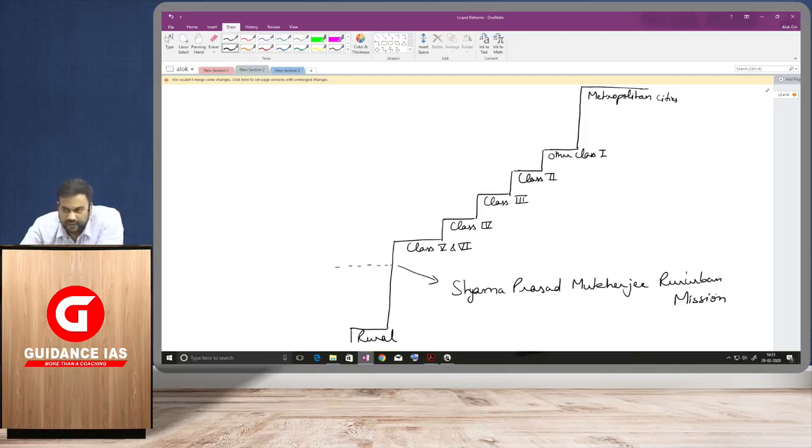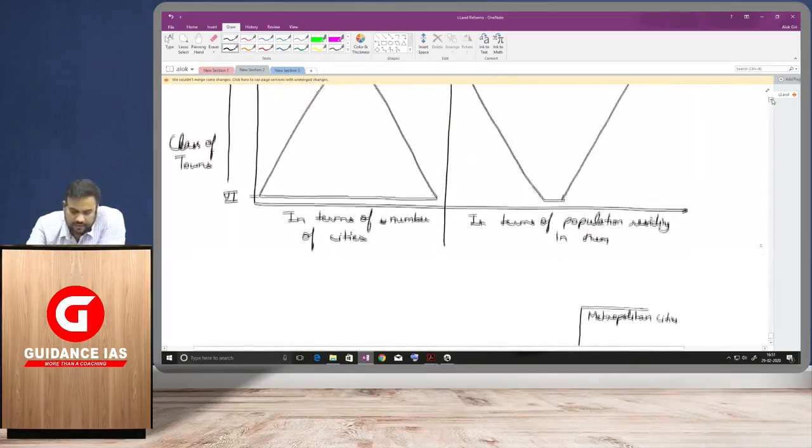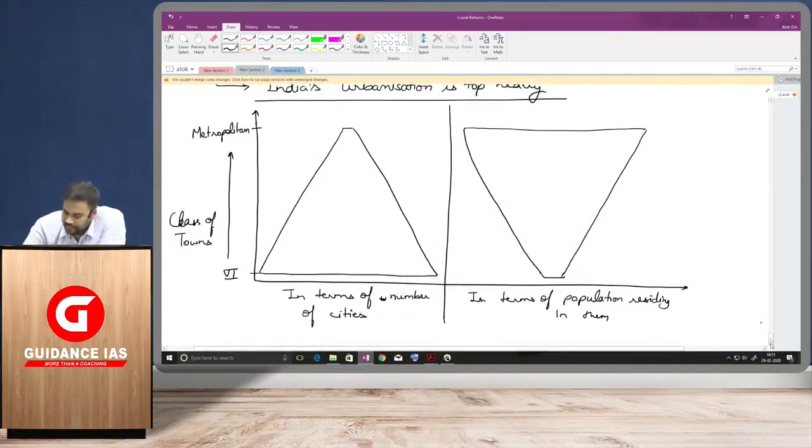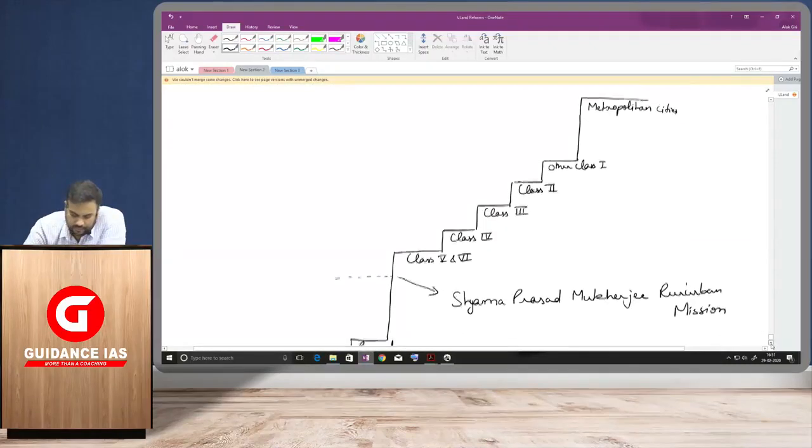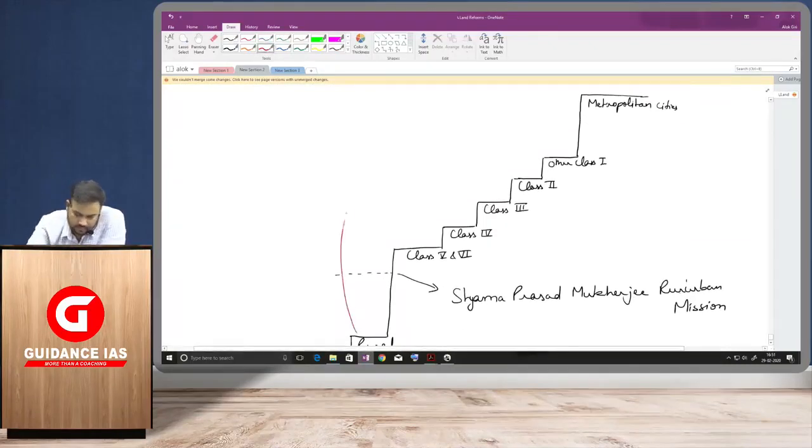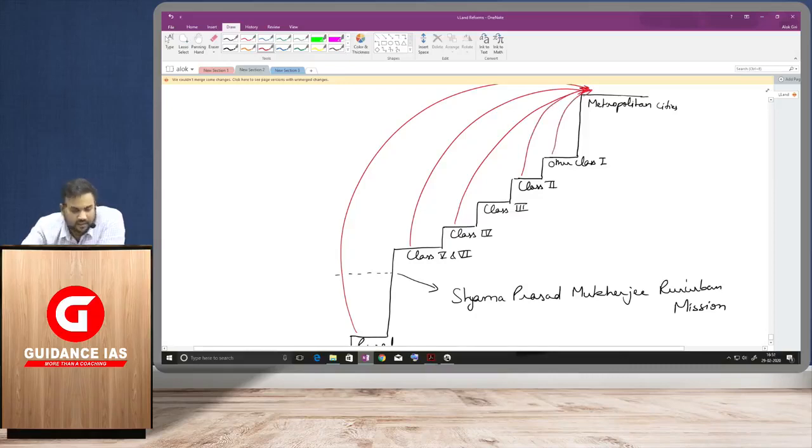So very clearly one of the factors is the number of city growth, but a more important factor has been very clearly what? The rural-urban migration. So today we are finding what has happened. Why is this metropolitan city phenomenon taking place? The main reason is that it is essentially a result of bypassing of the stepped migration process.